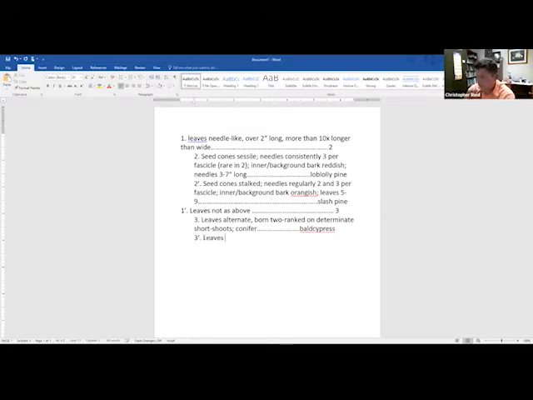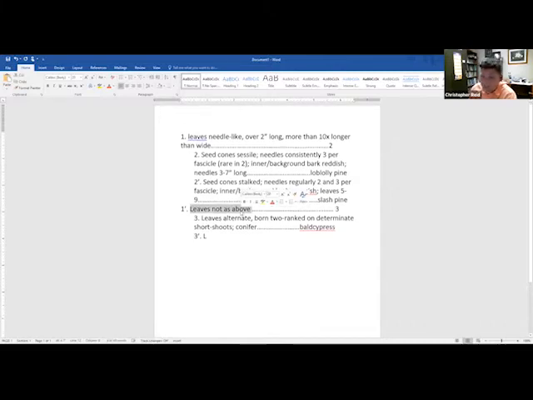So now with 3 prime, we have to counter that. We could do the pre-approved cop-out, which is leaves not as above, or without the above combination of characters. We can try and counter it directly, which I'll do. So leaves opposite or alternate.